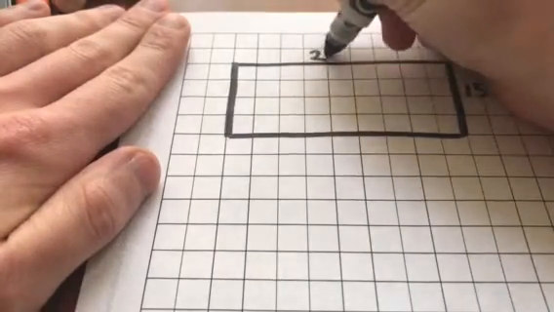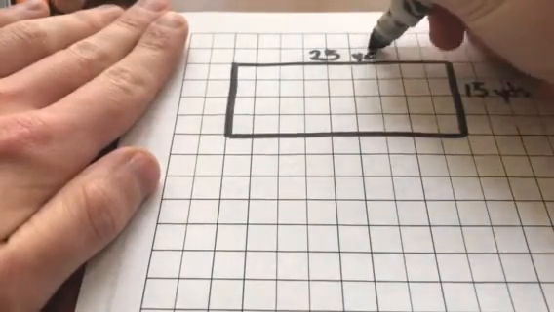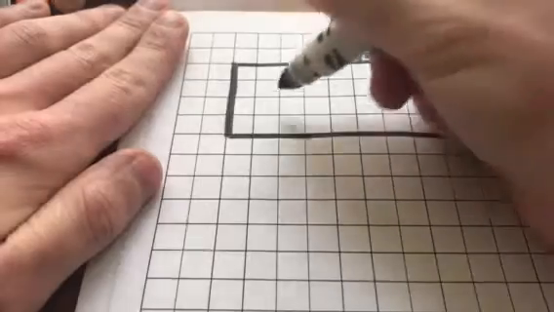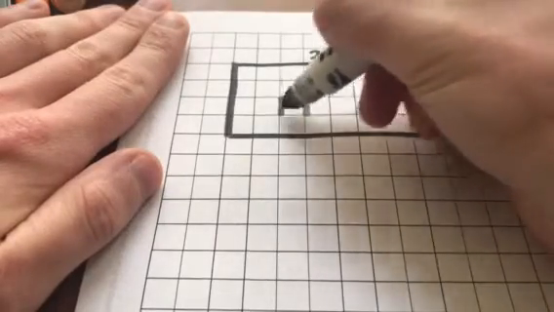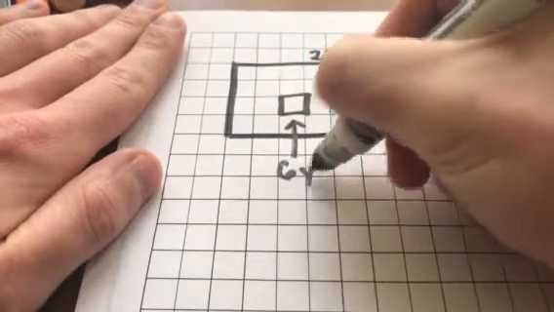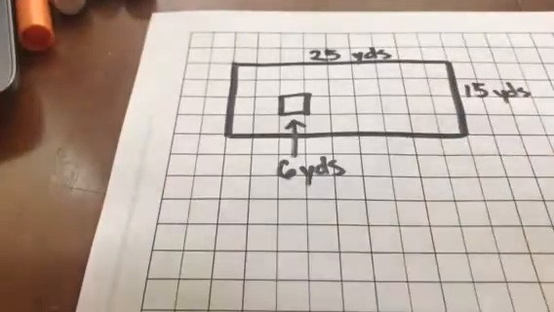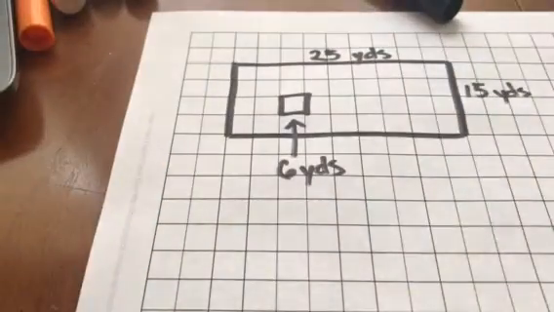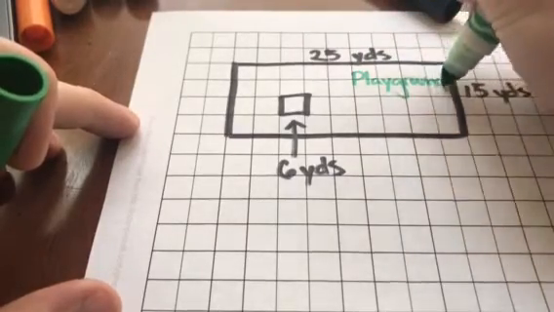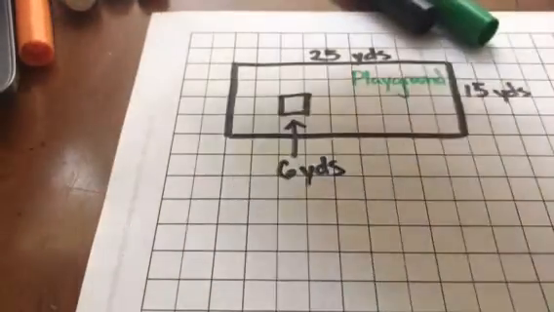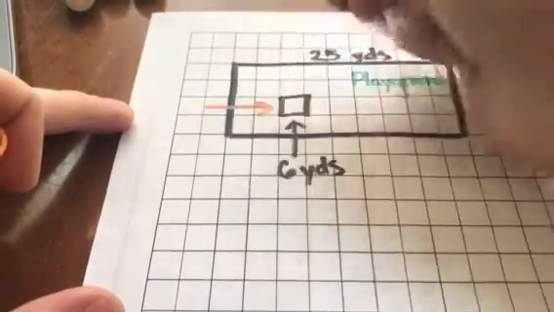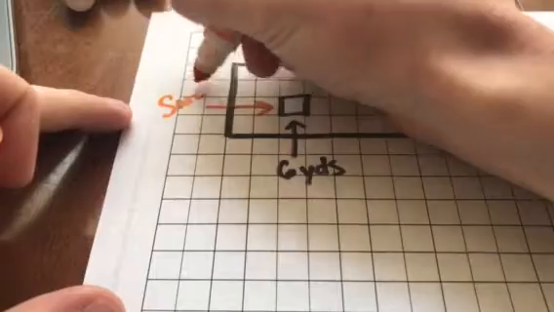This is 25 yards. They have a sandbox in here. And they labeled this 6 yards. Playground. And sandbox.